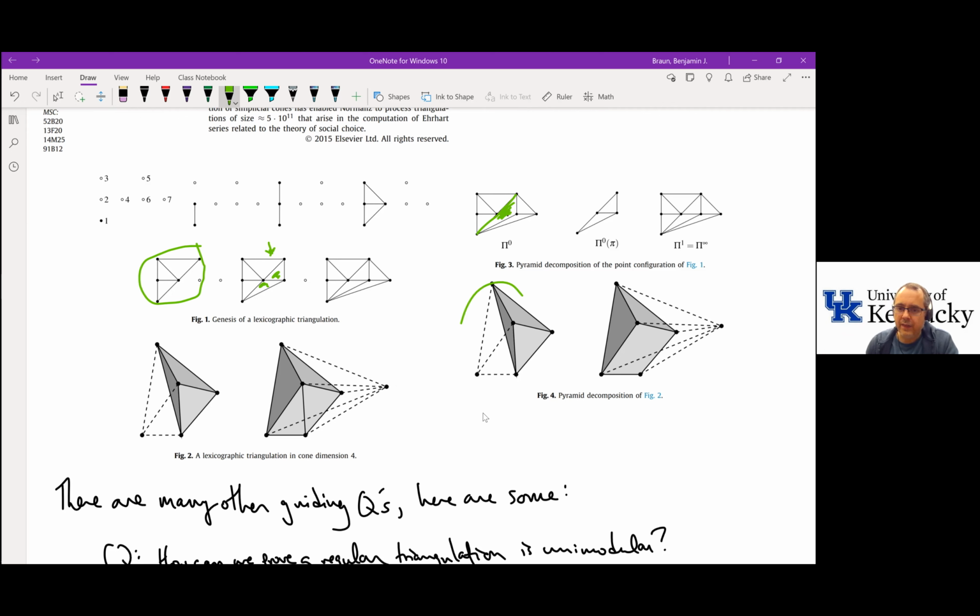And similarly, in this picture, this is actually a quadrilateral. So in the pyramid decomposition, when you tack this point on, you're coning over the quadrilateral. You run that whole process, and what you end up with is a triangulation where some of the simplices are not minimal volume.